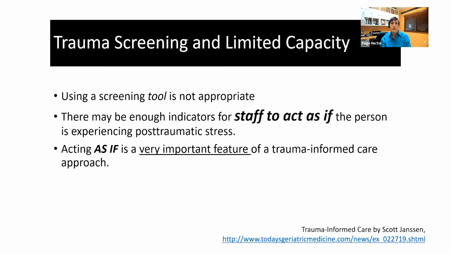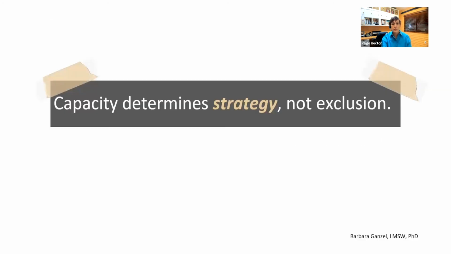One of the key things, though, is that when we screen for trauma, even if we don't know if there actually is trauma or not, there can be enough indications to act as if the person is experiencing post-traumatic stress. And this is where all of our observations and talking with one another and getting perspectives of the family perhaps can really help us to understand this person's experience of their current situation. So again, capacity determines strategy. It does not exclude anyone.